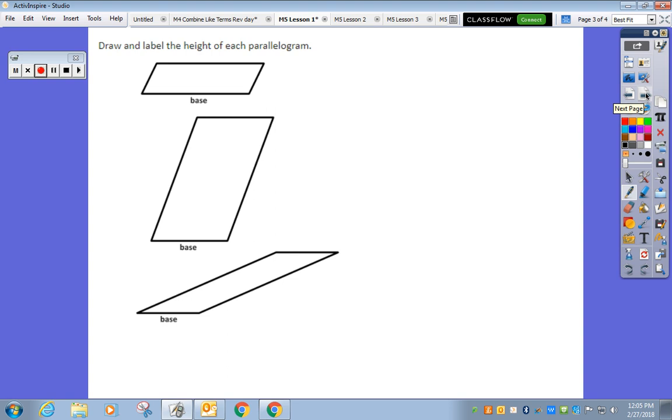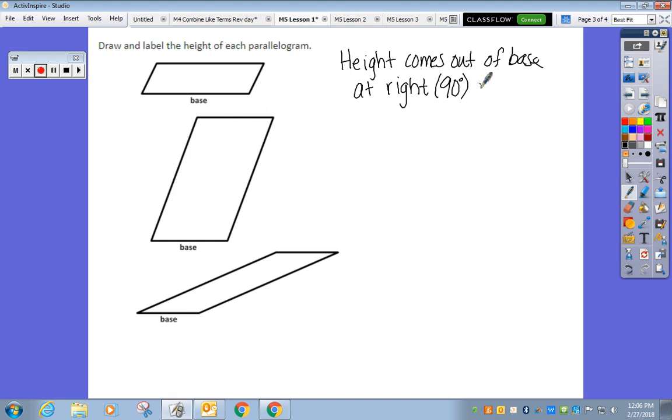So now what they want us to do is, if given the base, they want us to draw the height. Now, like I said on the previous page, the height comes out of the base at a right angle. And remember, a right angle is a 90-degree angle.